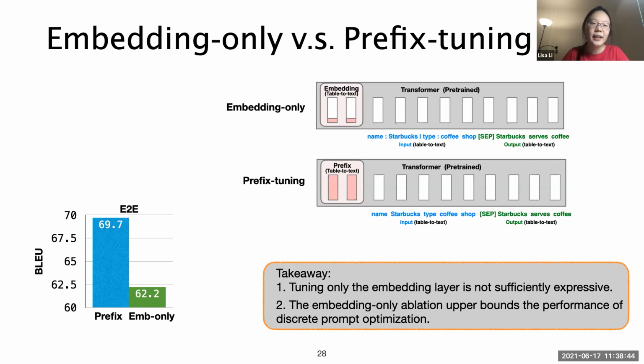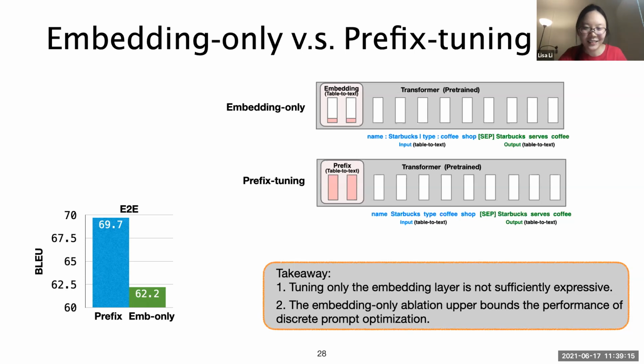So the takeaway is that tuning only the embedding layer is not sufficiently expressive. Also, the embedding only ablation should upper bound the performance of optimizing over discrete words, so the implication is that prefix tuning works much better than both optimizing the embedding and optimizing the discrete words. I hope this slide answers the question.